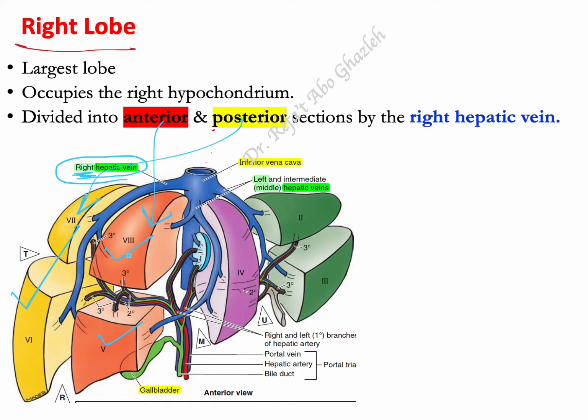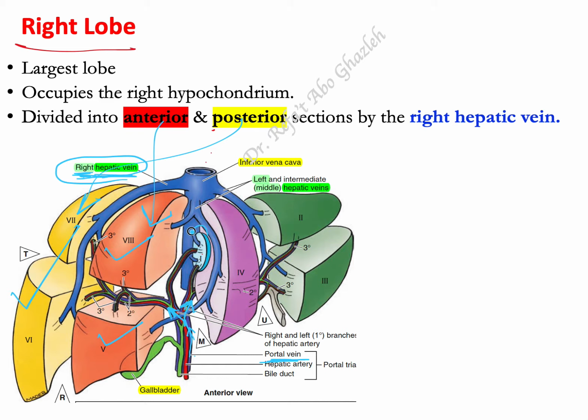But take care. Here we're talking about the hepatic vein, not the portal vein. The portal vein, this is the blue one. This is one of the major veins carrying blood from the gastrointestinal system to the liver, and it divides into the right portal vein and the left portal vein, right? So the right portal vein drains the blood to the right lobe, right? And the left portal vein drains the blood to the left lobe of the liver.